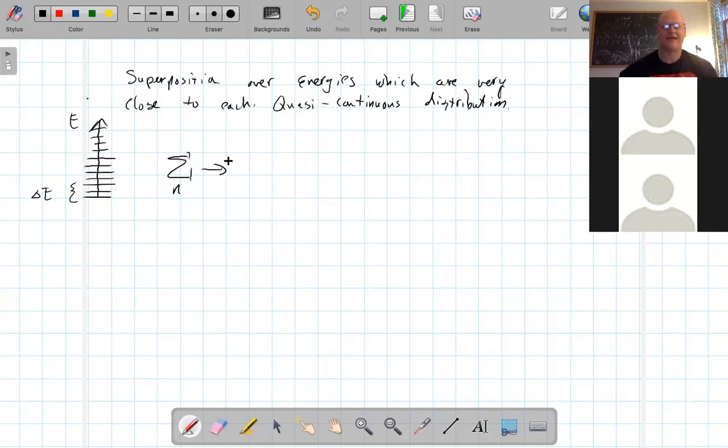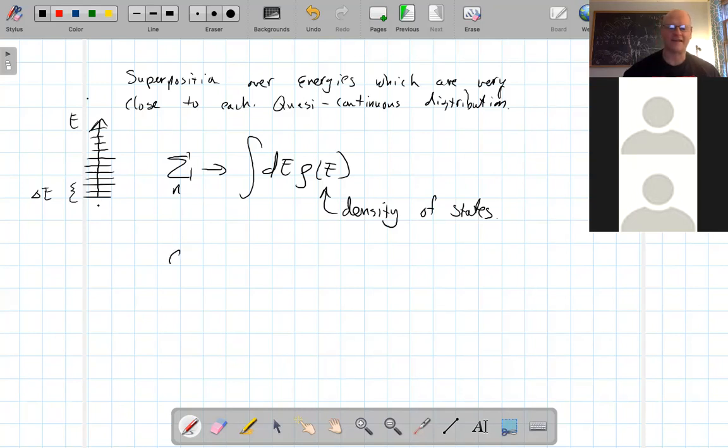Okay. So if we take it to be quasi-continuous, our sum over n is going to be replaced by the integral over the energies of rho, where rho is the density of states, meaning how many energies are packed into some location. Right?